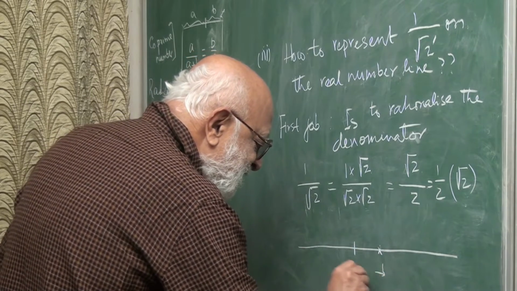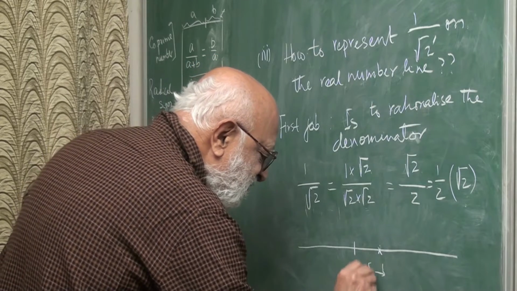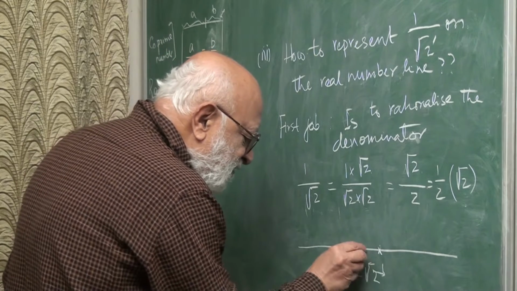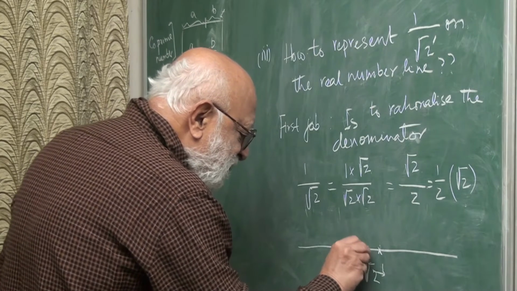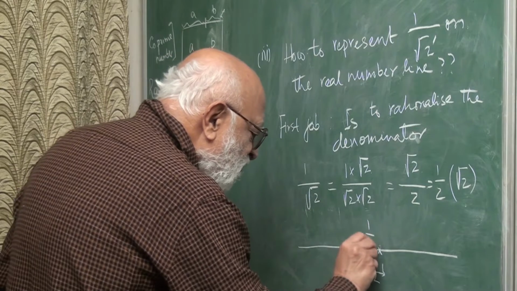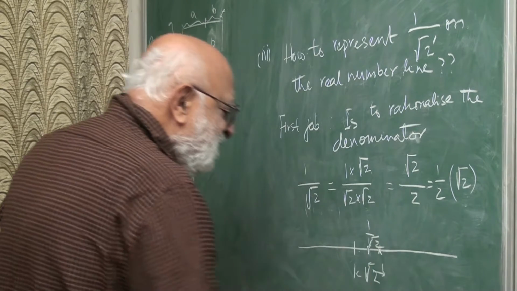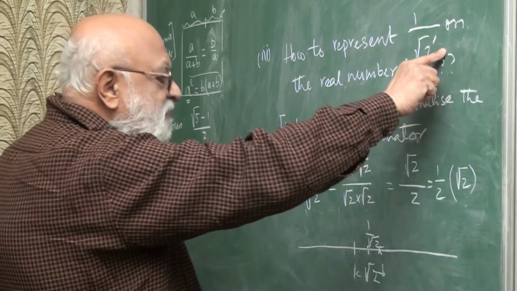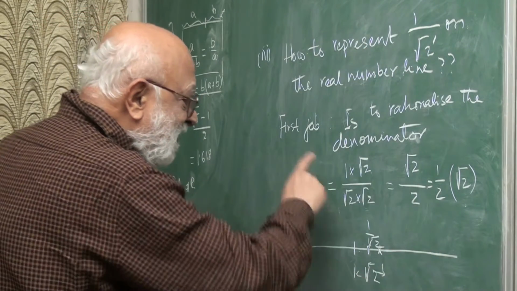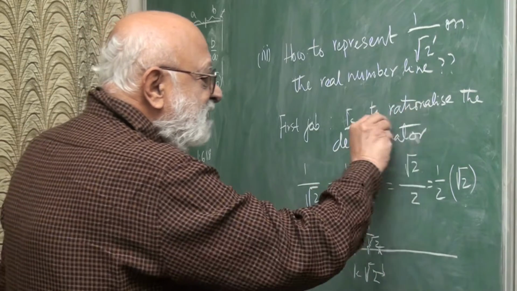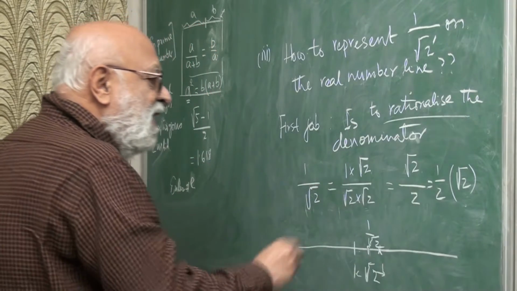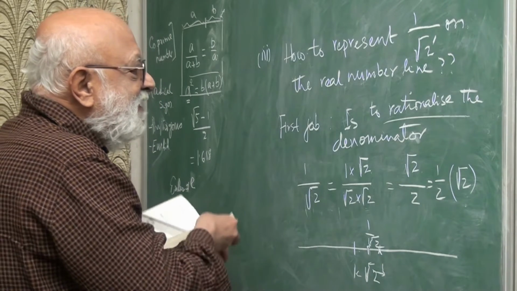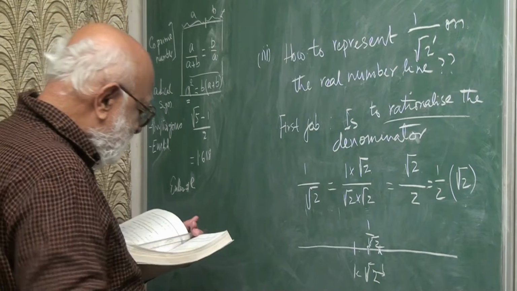Let us say this is about root 2, then I'll take half of it, so this would be the position of 1 upon root 2. Isn't it interesting? You can do the same for 1 upon root 3, again rationalizing the denominator. This is one of the unique techniques.